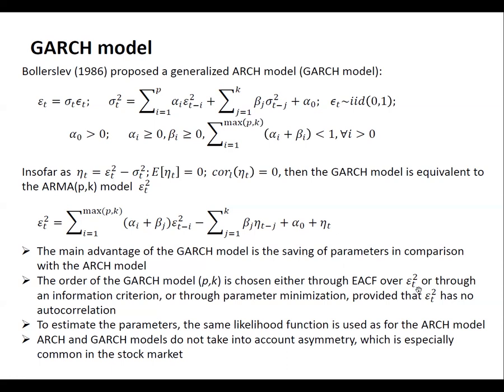You can also choose through information criteria or through the condition of parameter parsimony, while epsilon squared has no autocorrelation. In fact, remember again that the point of using the ARCH and GARCH models is that we just need to pick some model that includes the ARCH effect, and check that the ARCH effect is included in our model by seeing that there is no autocorrelation for epsilon squared.